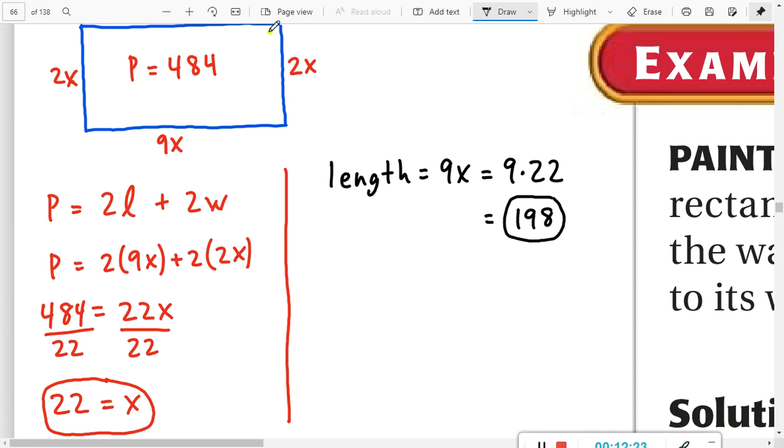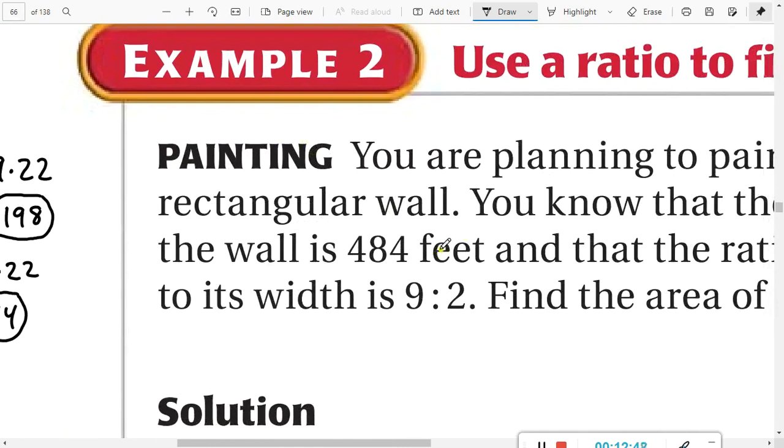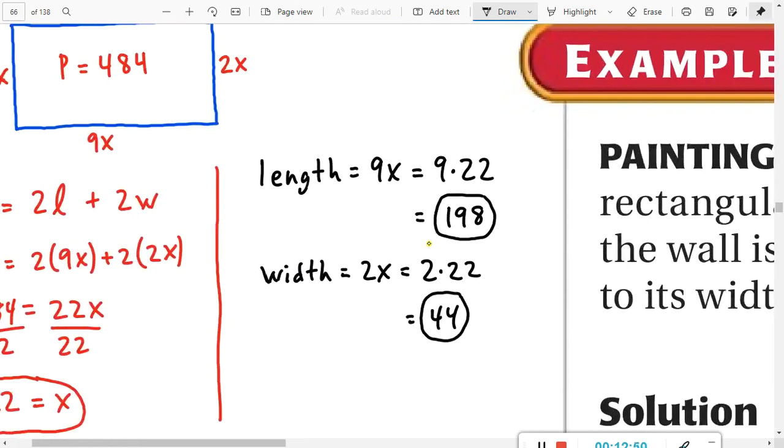And the width is 2x. So that's 2 times 22, which is just 44. Now the units for the perimeter were in feet, so these are both going to be in feet.